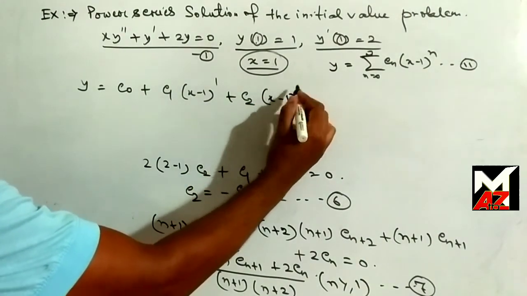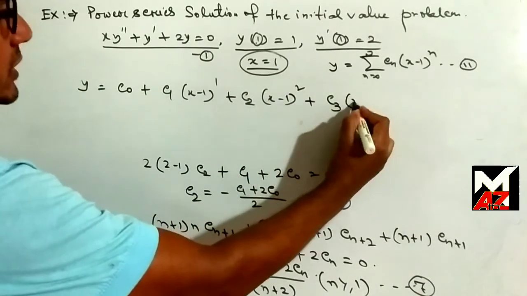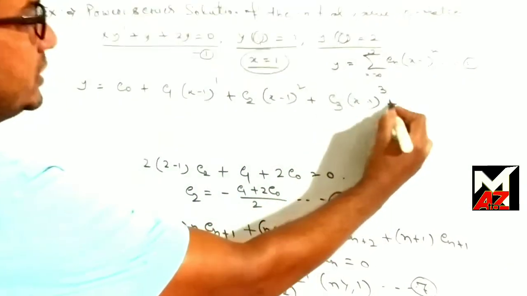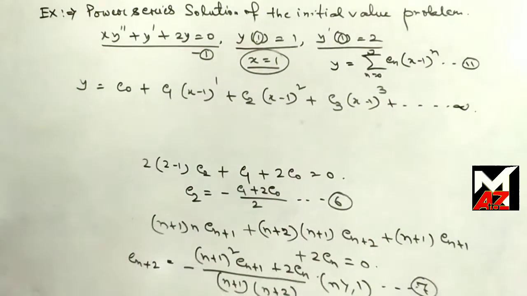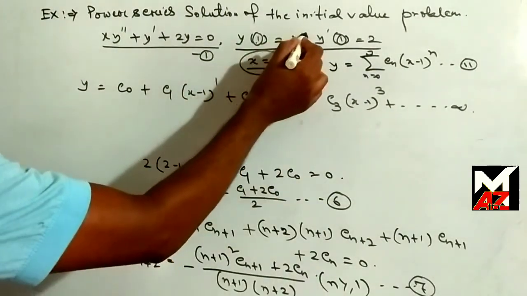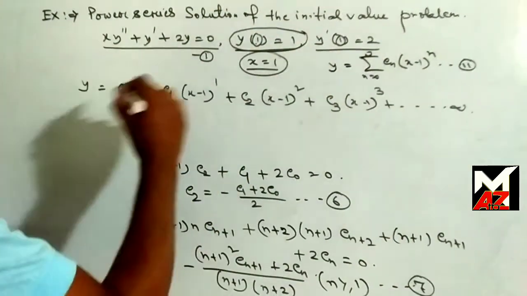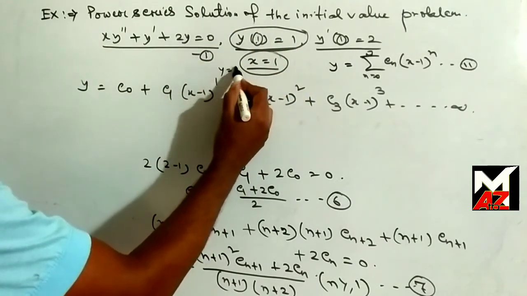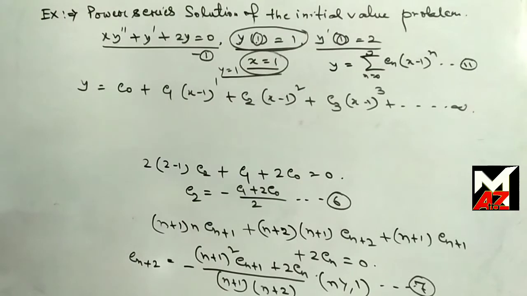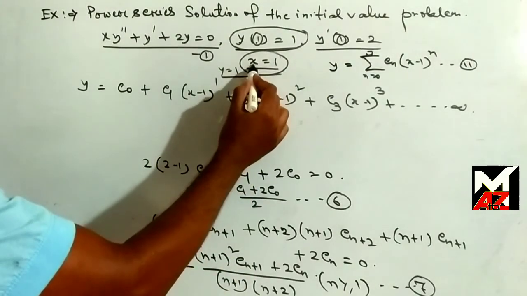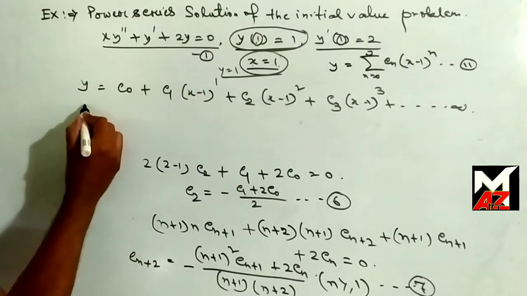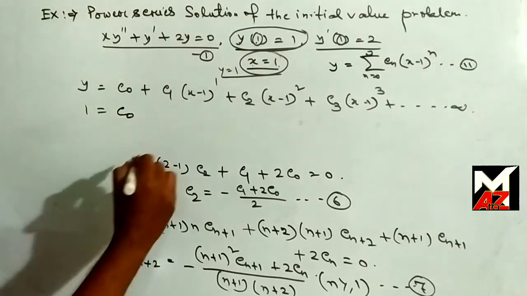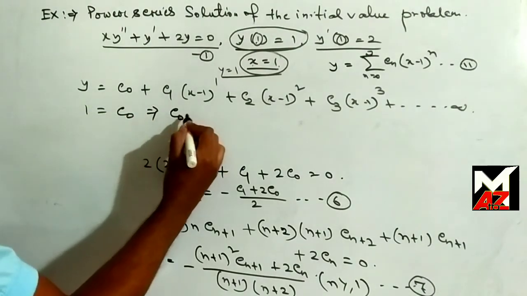From 2, that is y equal to C0 plus C1 x minus 1 to the power 1, C2 x minus 1 to the power 2, C3 x minus 1 to the power 3 to infinity. Here the initial condition is y of 1 equal to 1, that is y equal to 1 when x equal to 1, and putting the value of x equal to 1, y equal to 1, we get 1 equal to C0, that is we get the value of C0 is equal to 1.